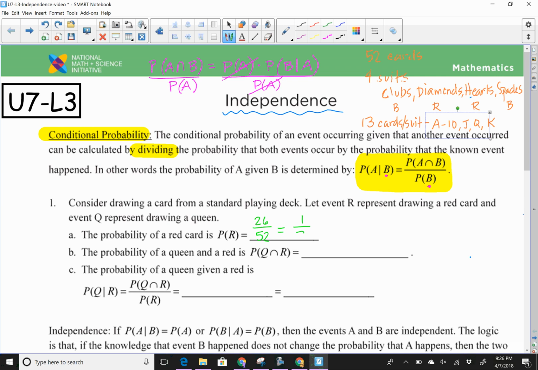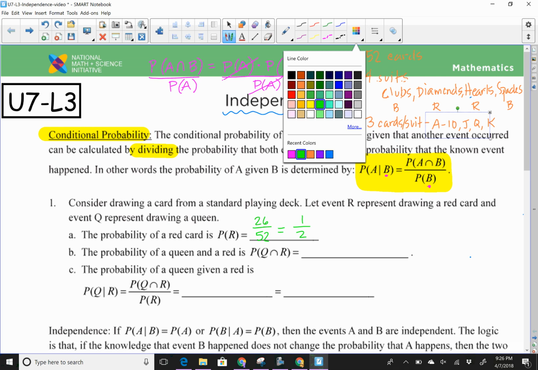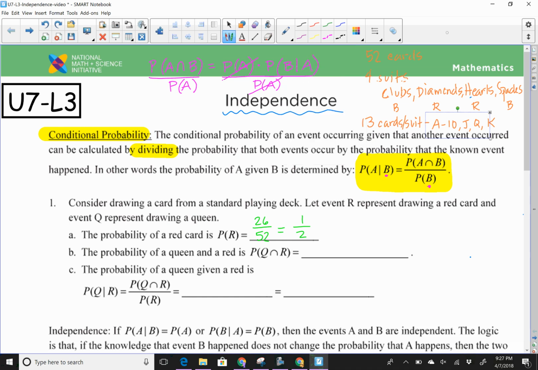There are only 2 colors, so the probability of getting a red card is 1 out of 2. The probability of getting a queen and red: how many red queens are there in the deck? There's a queen of diamonds and a queen of hearts. That means 2 red queens out of 52 cards, which is 1 out of 26.